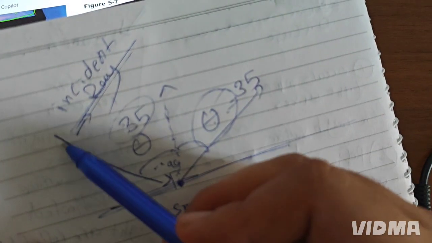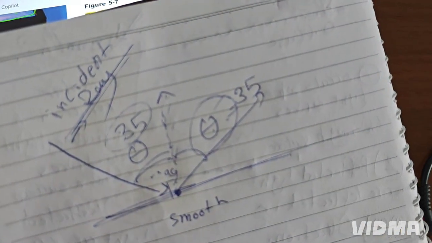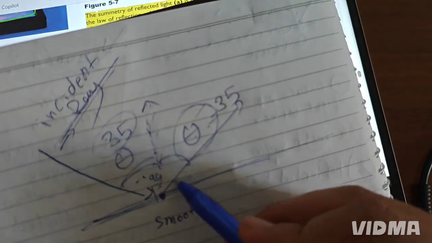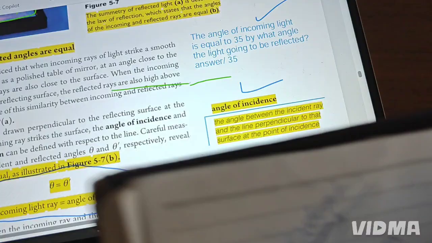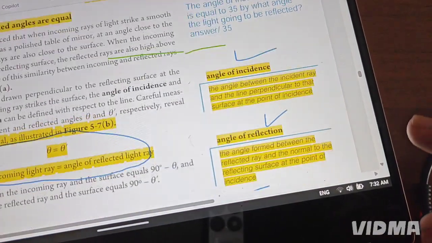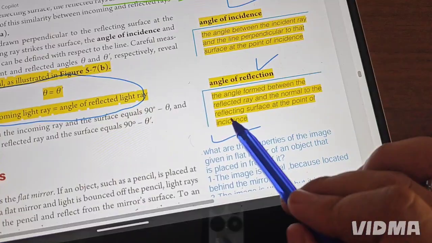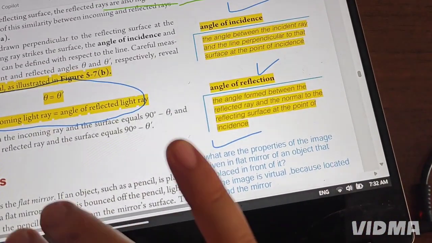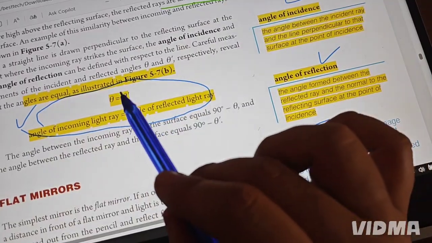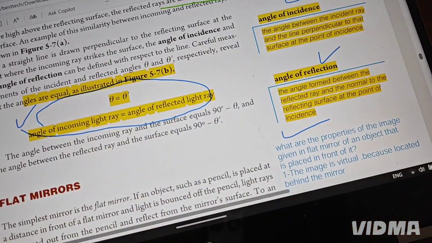So the angle between the incidence ray and this dotted line is called the angle of incidence, and the angle between the reflected ray and this normal line is called the angle of reflection. Same thing, the angle formed between the reflected ray and the normal line is called the angle of reflection. And we can say the angle of incoming light is equal to the angle of reflected light.